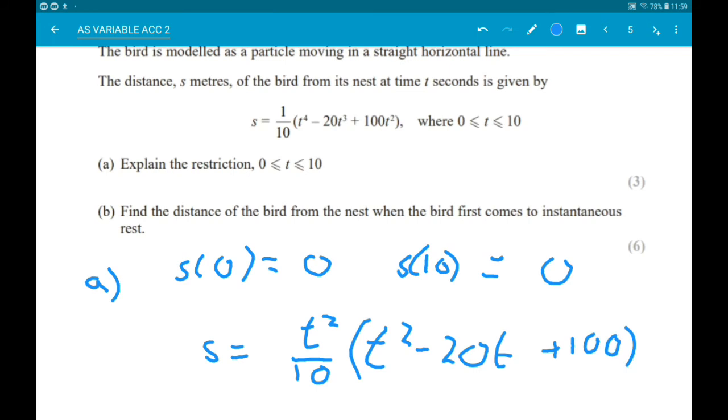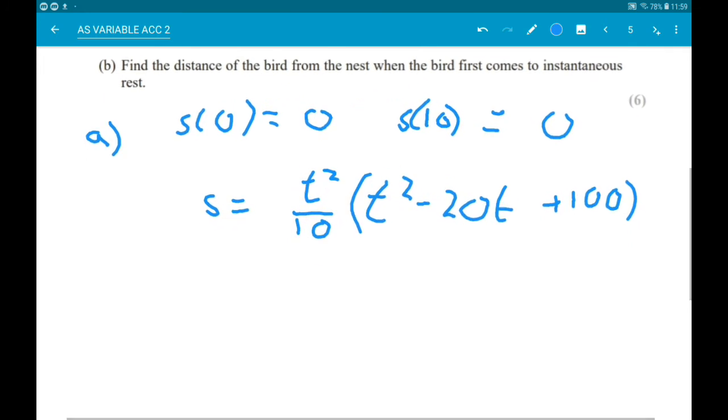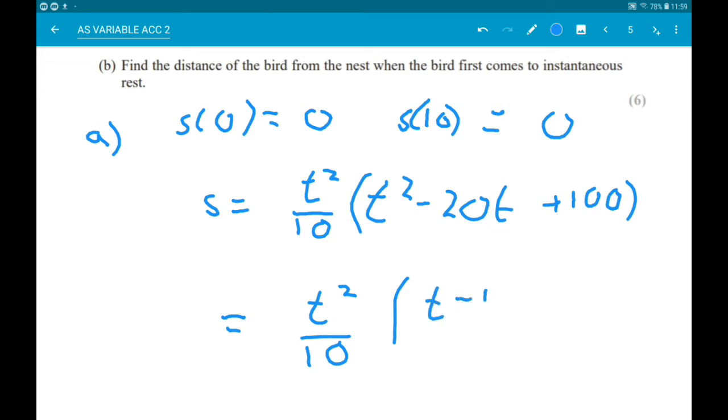Now, very similarly to the last question, we can write that as t squared over 10 times t minus 10 squared. So this is again a square number. Well, 1/10 of a square number.